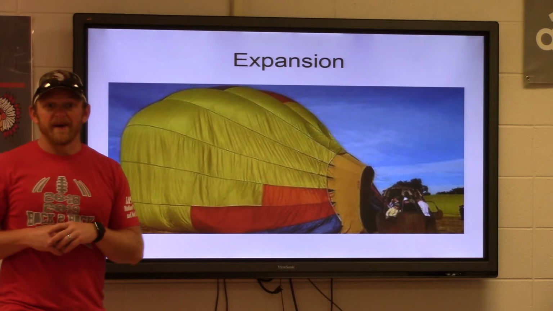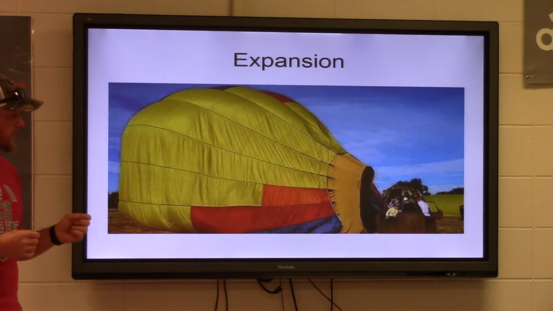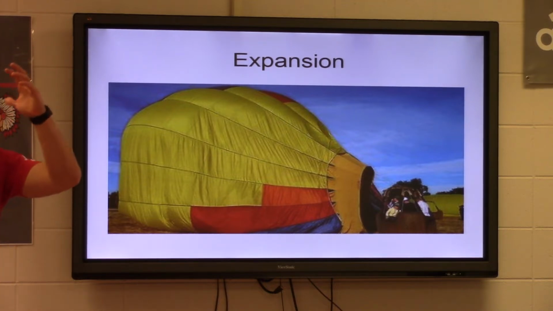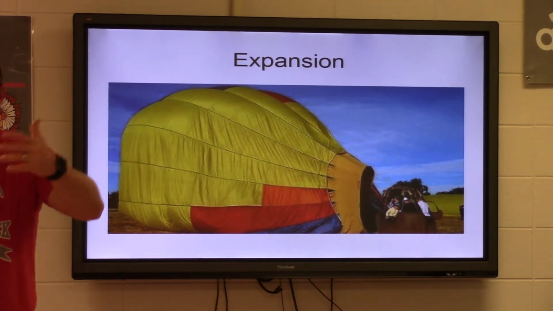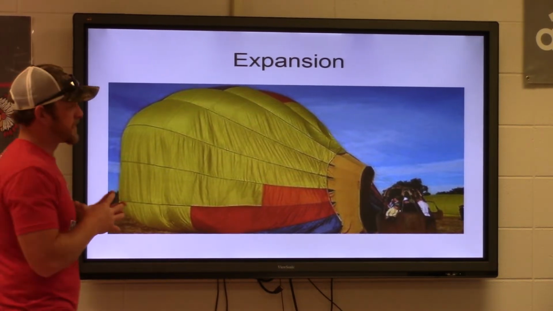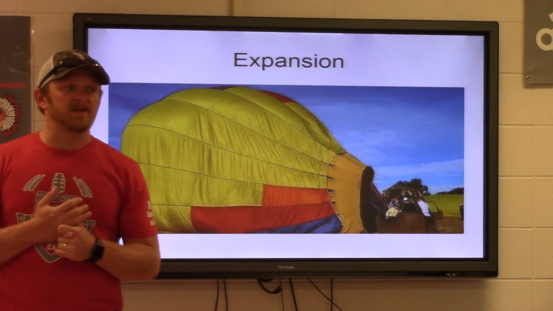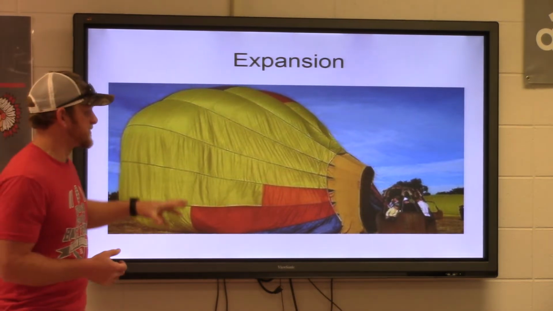We'll talk about expansion. You see here with expansion, we see a hot air balloon. We know that a hot air balloon works by us pumping in the heat. The heat creates the carbon dioxide. Carbon dioxide is what makes that balloon expand. It's what makes that balloon go. So when that happens, the pressure goes up inside of the balloon.